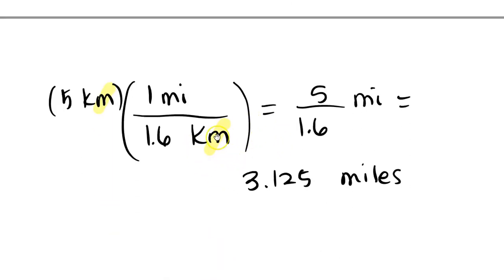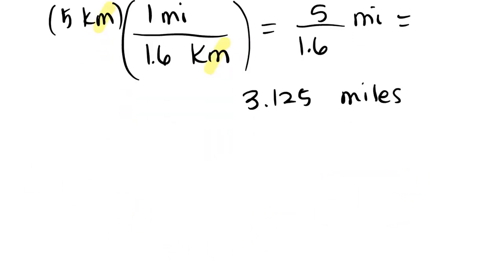We put kilometers on bottom in our conversion unit, so the kilometers cancel. So we get 5 times 1 is 5, divided by 1.6. Miles is our unit. 5 divided by 1.6 is 3.125 miles. That's the end of this lesson.